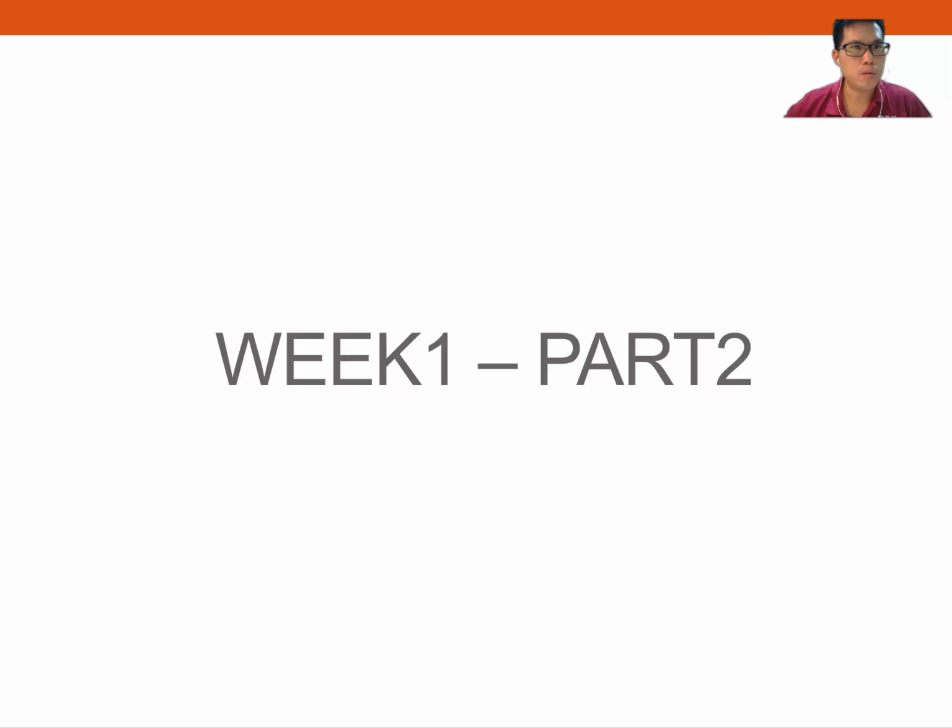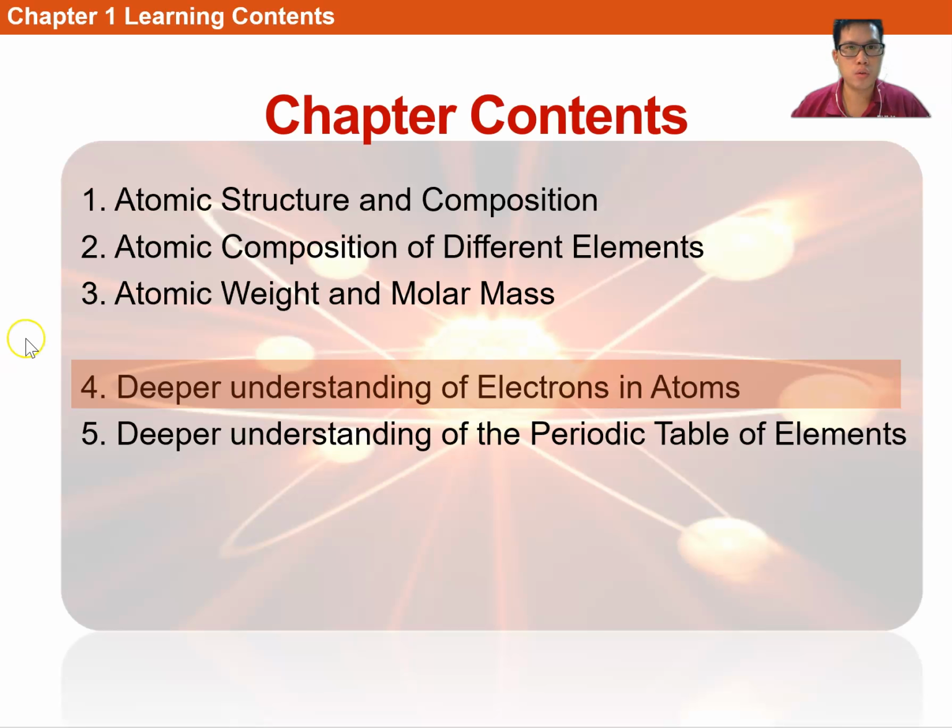So what we're going to learn today is basically two parts, number 4 and 5. Number 4 is a deeper understanding of electrons in atoms. You need to understand how we know that the electrons are surrounding the core on the outside.